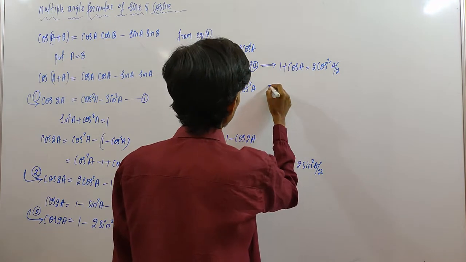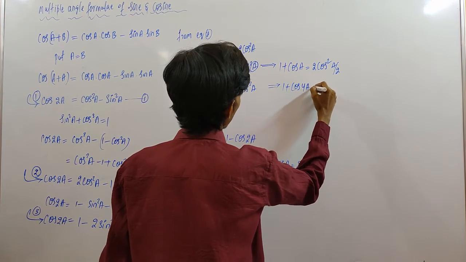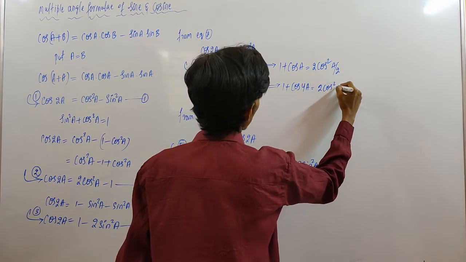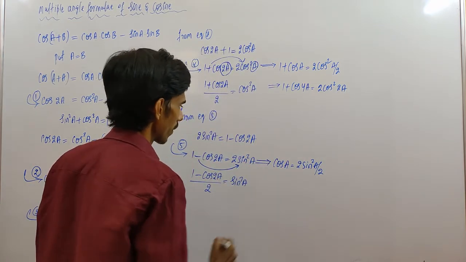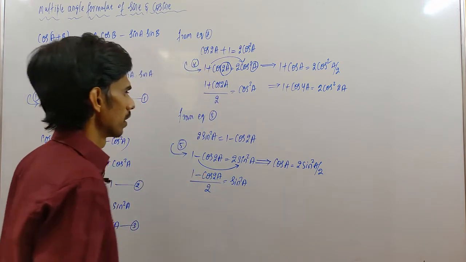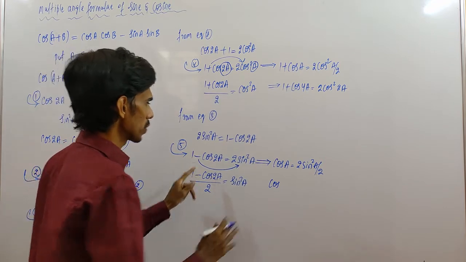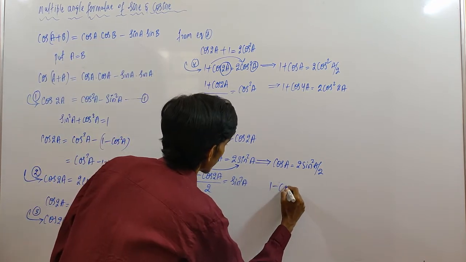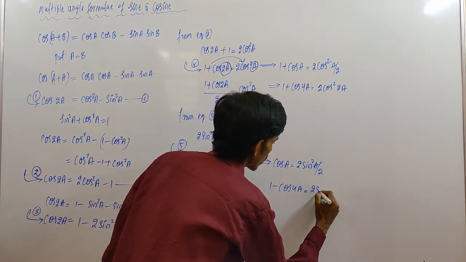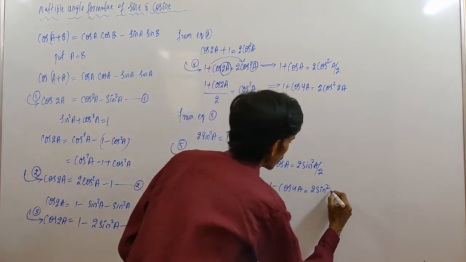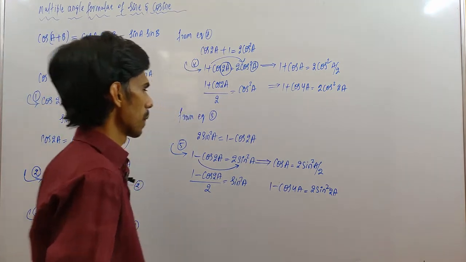Similarly, 1 plus cos 4A: half of 4A is 2A, so 2 cos square 2A. Also 1 minus cos 4A is 2 sin square 2A, half of this value. So basically we should take half of this value.